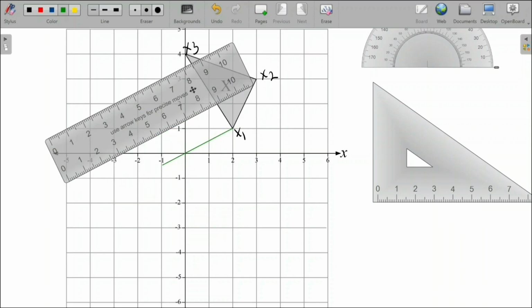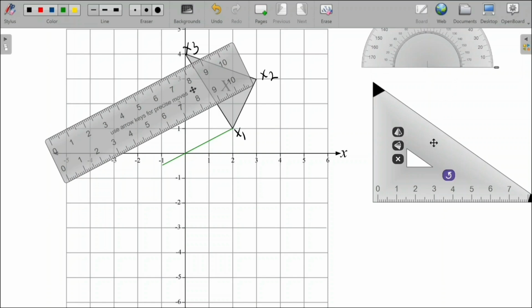The question says it's rotated 90 degrees clockwise, so we have to get a perpendicular line to this line. That's a line that makes 90 degrees to this green line about the center of origin, which is also the center of rotation. Making it 90 degrees can be done using your set square or your protractor, whichever you prefer.